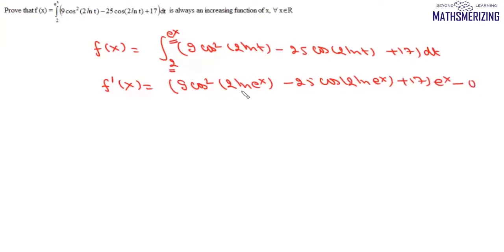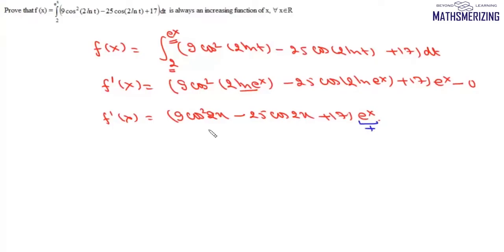Now this 2 ln e^x is nothing but 2x, so we can write f'(x) as (9 cos² 2x - 25 cos 2x + 17) into e^x. Now e^x is always positive. So here we need to prove that the value of this expression is also positive for all values of x.